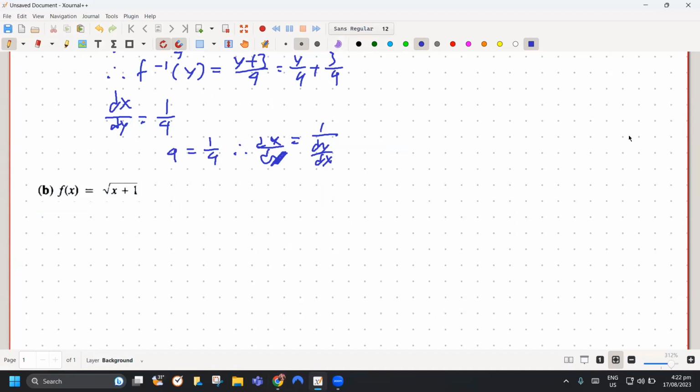So y equals square root of x plus 1. And from there, solve for x in terms of y.